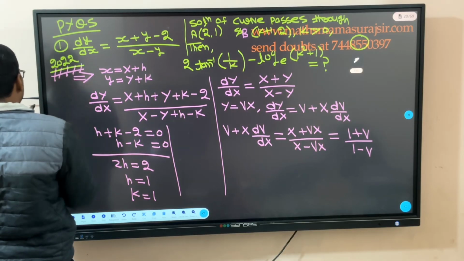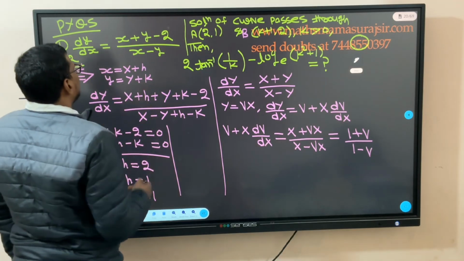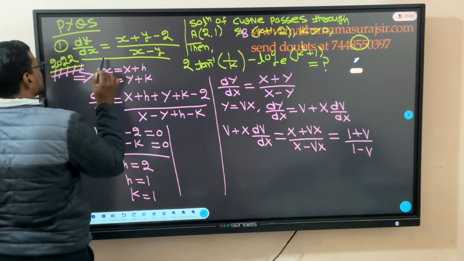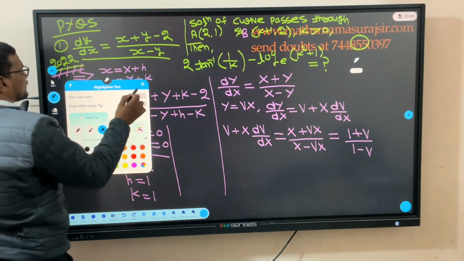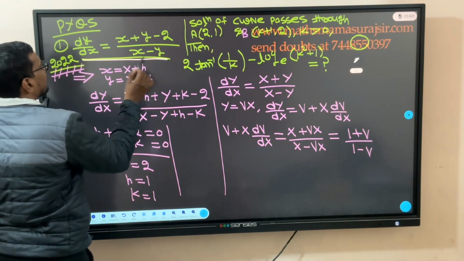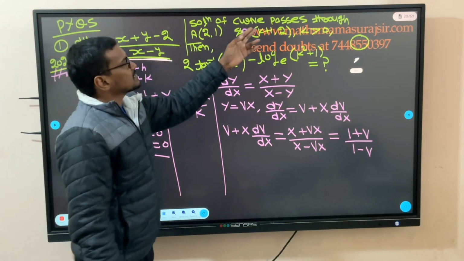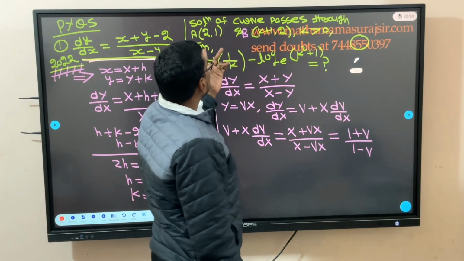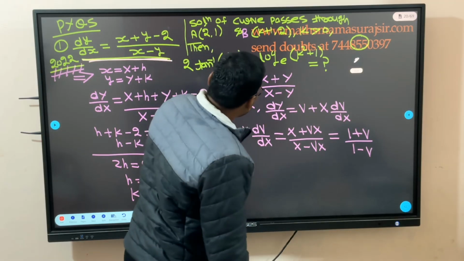All right guys, how will we solve it? dy by dx is (x plus y minus 2) upon (x minus y). The solution of this curve passes through this point and this point, then 2 times tan inverse of 1 by k minus log of this is equal to what?